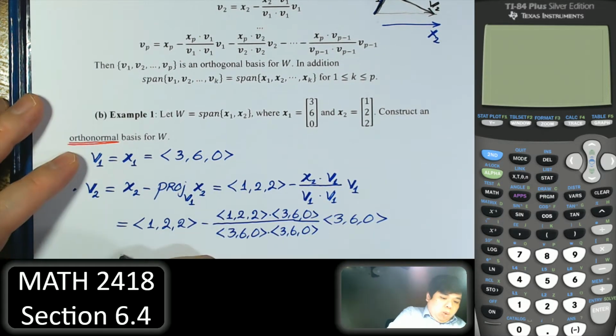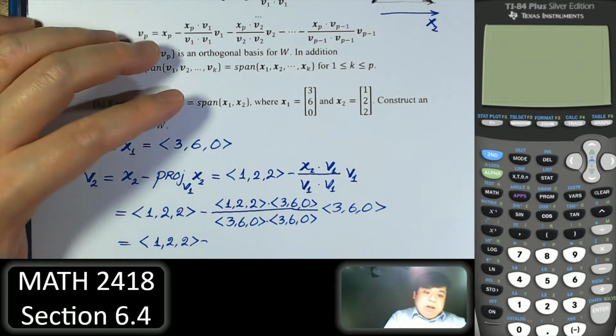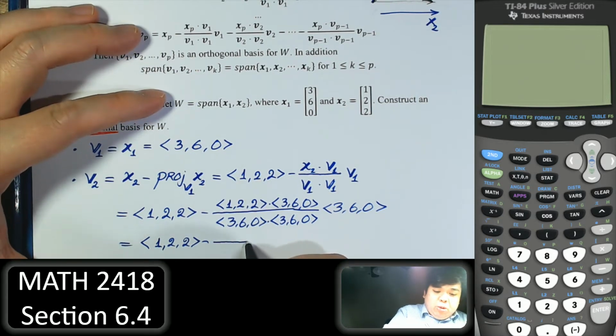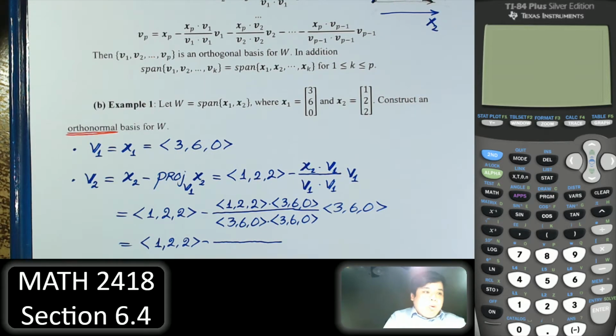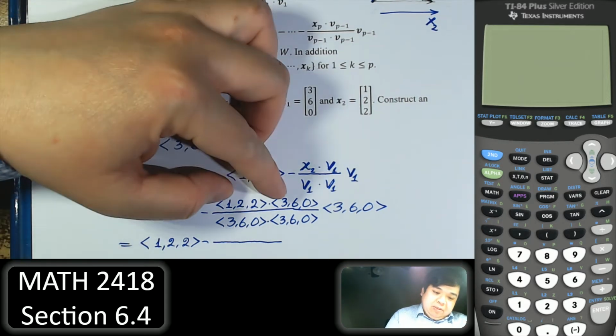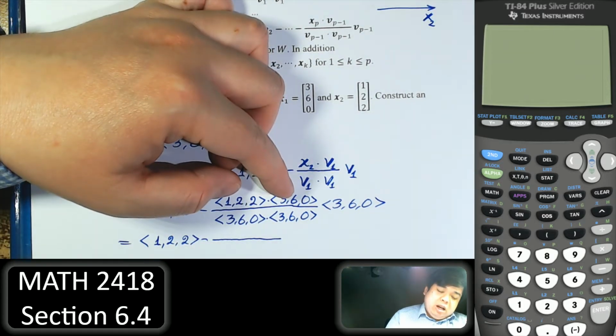When there's only two vectors, that's easy, but when we have more and more vectors, the process will be more and more complicated. It's more suitable to do it with a computer than by hand. But when we have an orthogonal basis, it does have some nice properties that we can use.